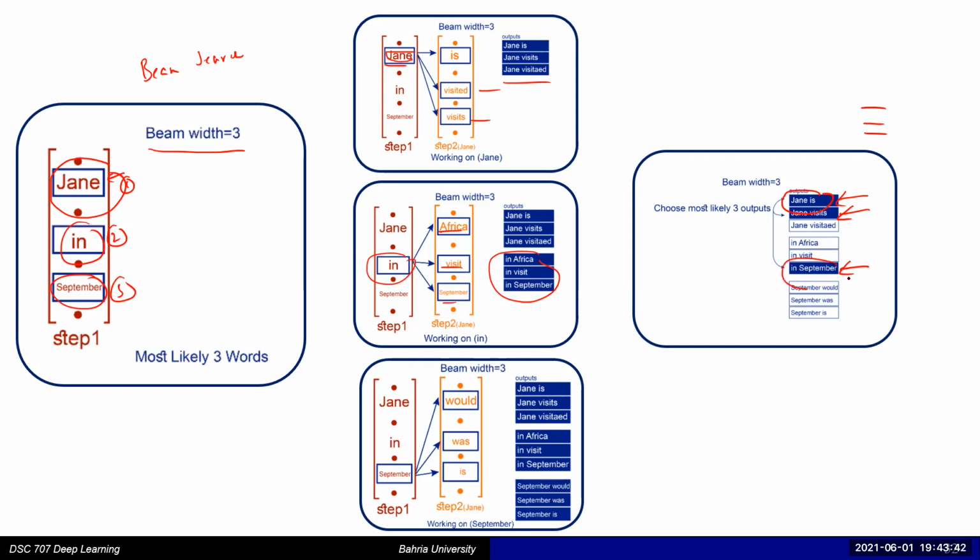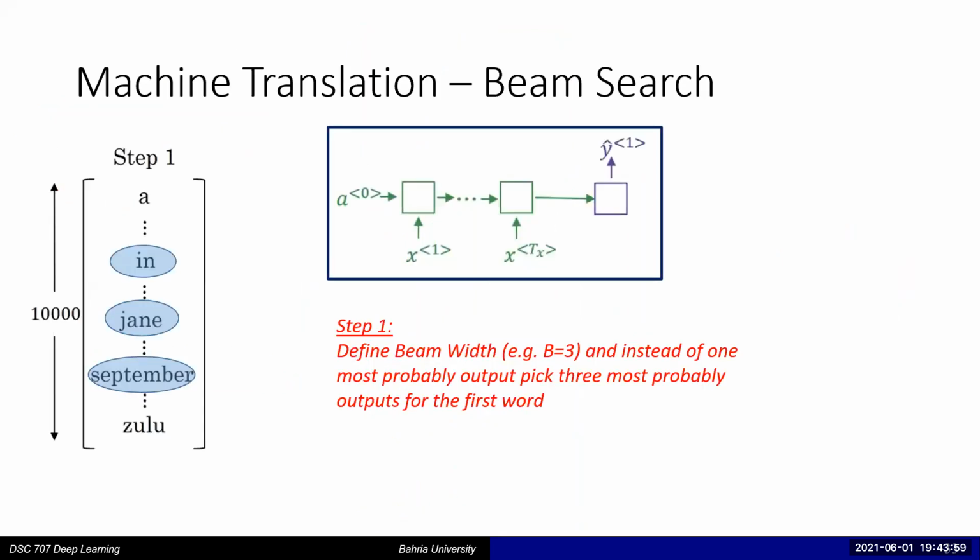If the first 2 words are these, what are the 3 choices for the third word, and so on. So you will again end up with 9, and out of those 9, you will again throw away 6 and keep those 3 which have the highest probability, right? So you see, this way, every time, depending on your beam width, you are making multiple choices so that you end up with maybe a better solution, right?